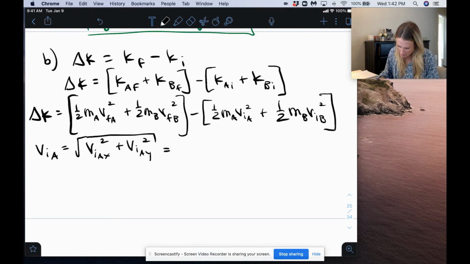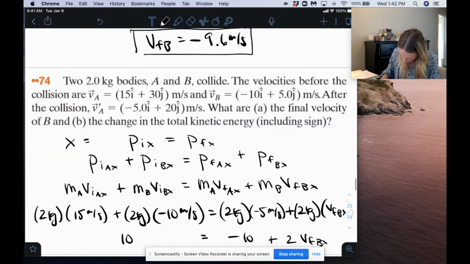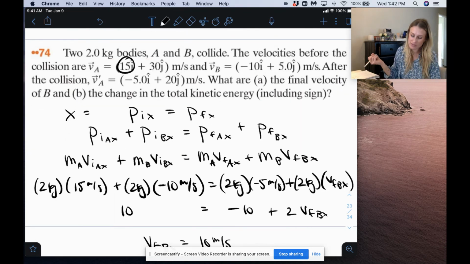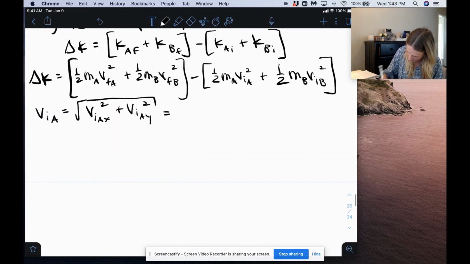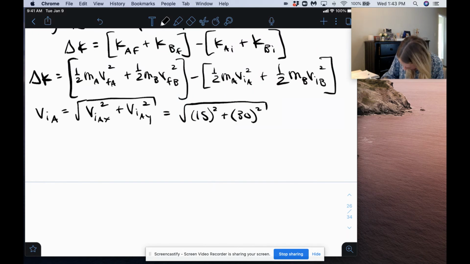So that ends up being square root of 15 squared plus 30 squared. And we end up getting 33.54 meters per second for our initial velocity of A.